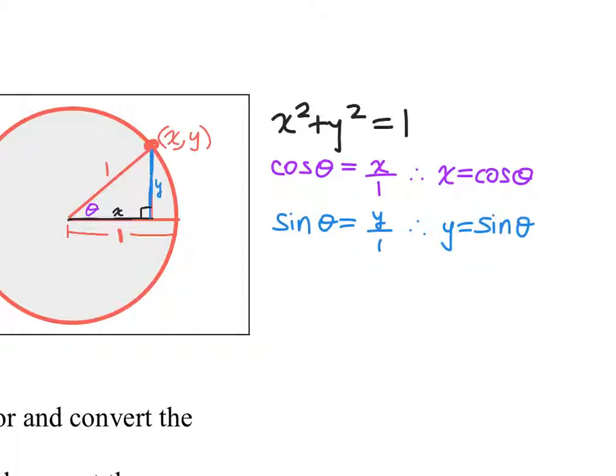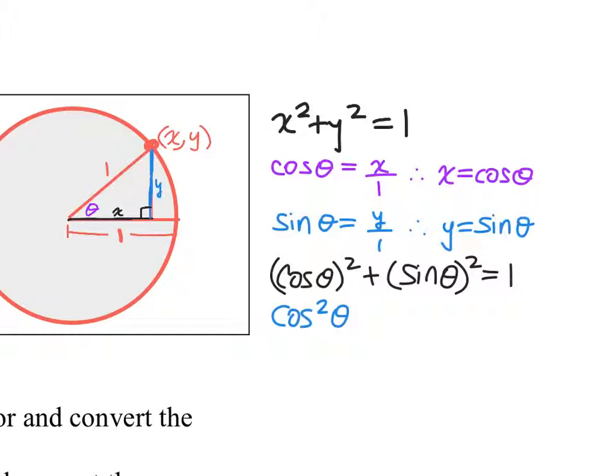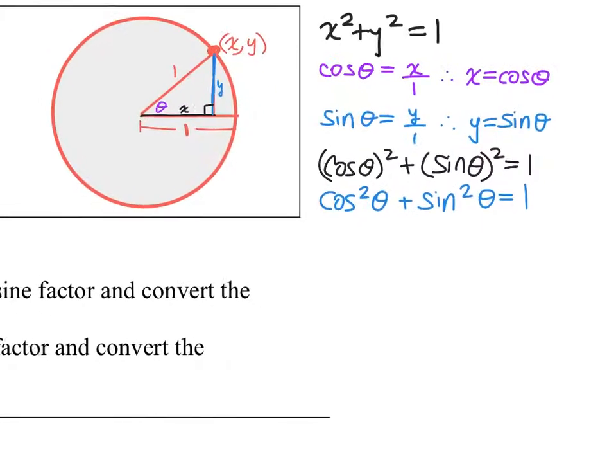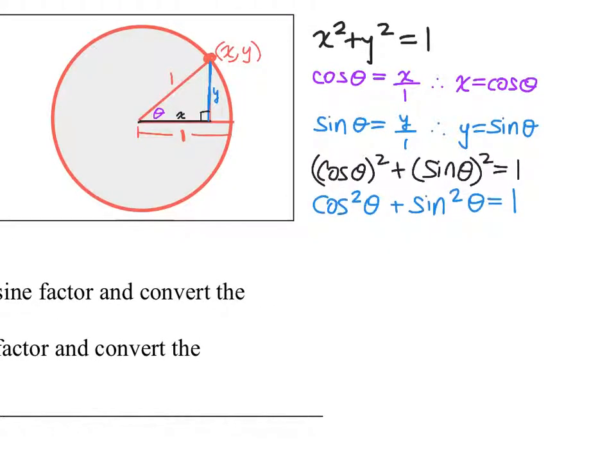All right, through direct substitution, we can now say that cosine theta as a quantity squared plus sine theta, also as a quantity squared, is equal to 1, which gives us our Pythagorean identity, cosine squared theta plus sine squared theta is equal to 1. All right, there's not even a little bit of calculus involved in that. That's all pre-calc. But that's where that rule comes from.